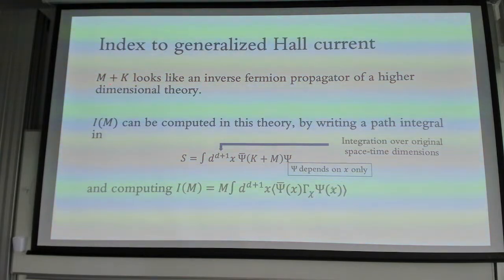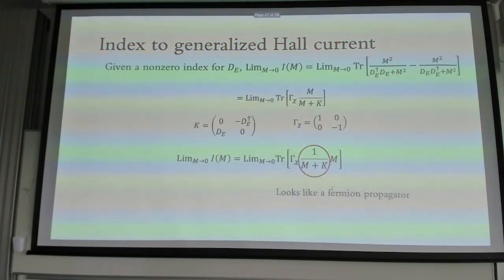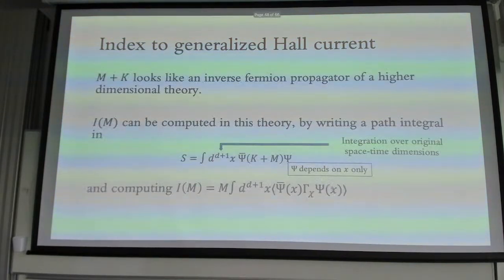Okay, so M plus K looks like an inverse fermion propagator on a higher dimensional theory. And I can compute this I of M, this quantity, in a path integral where the action is given by this formula.